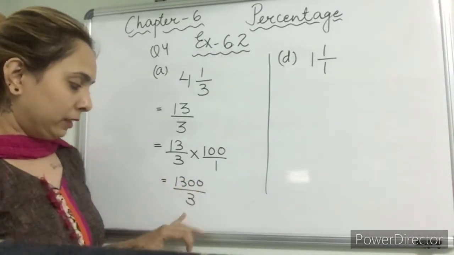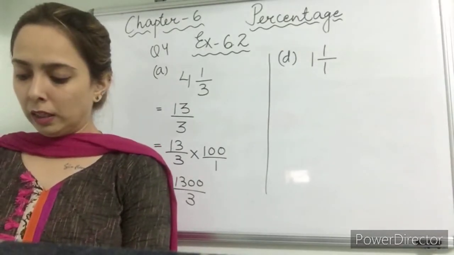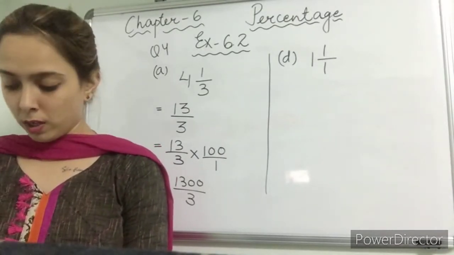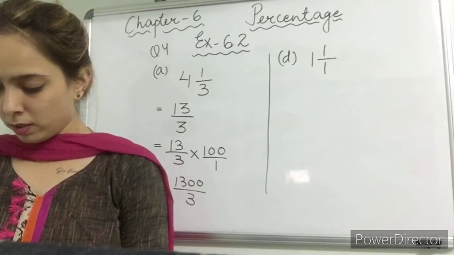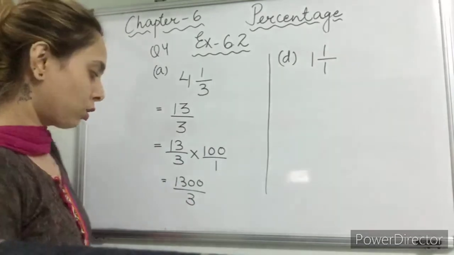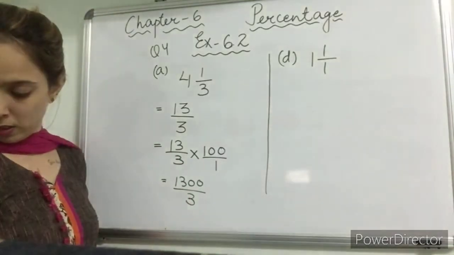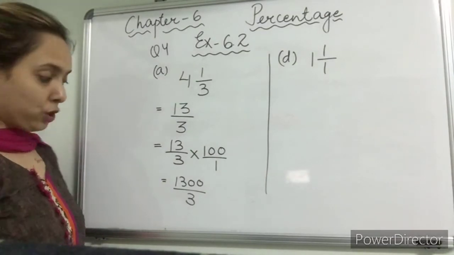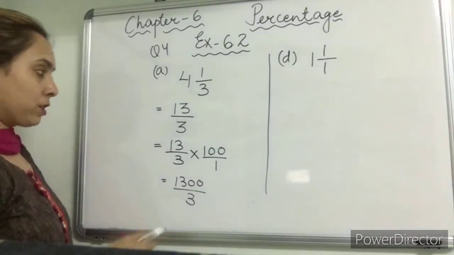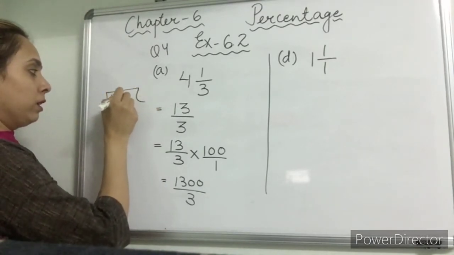So we will divide this number in our rough work so that we will get the answer in decimals. So let's start with the division part. So in the rough work you all can show the division.